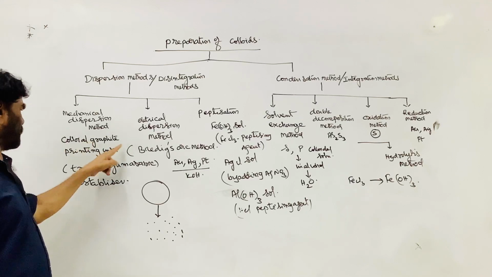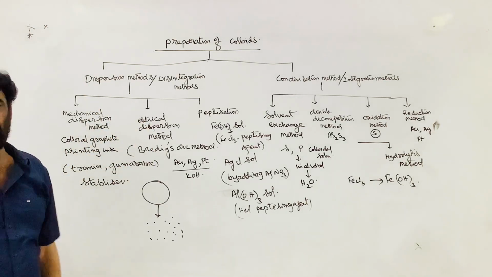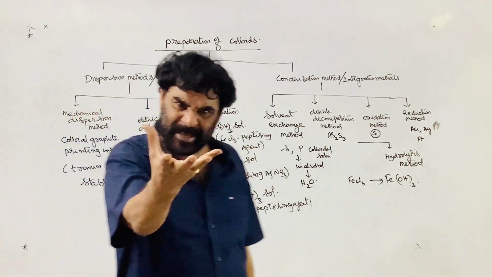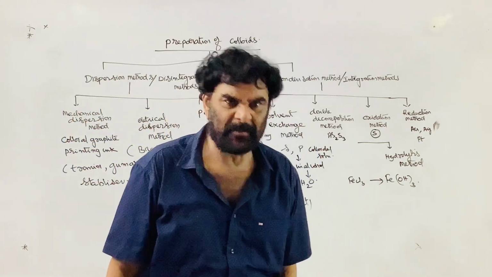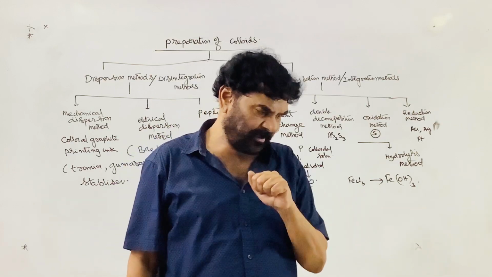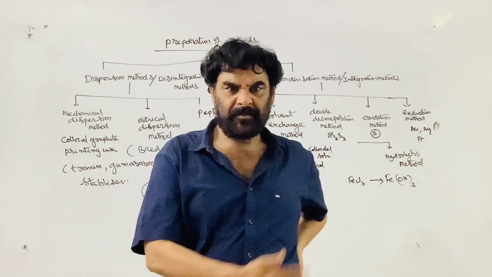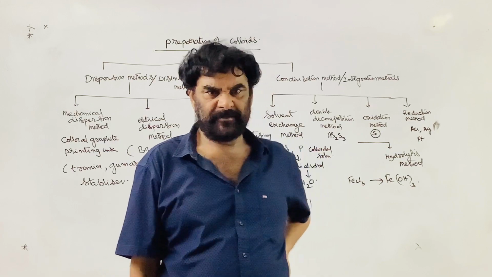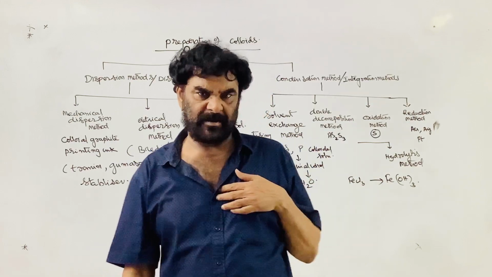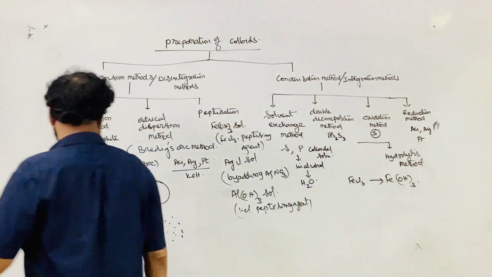Ultimately colloidal graphite is formed. Colloidal graphite comes out like a paste, which is used as a lubricant because of its layer structure.